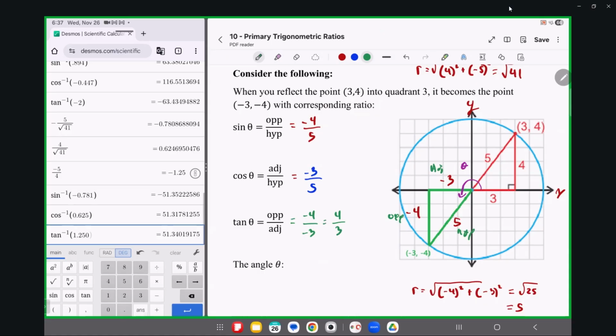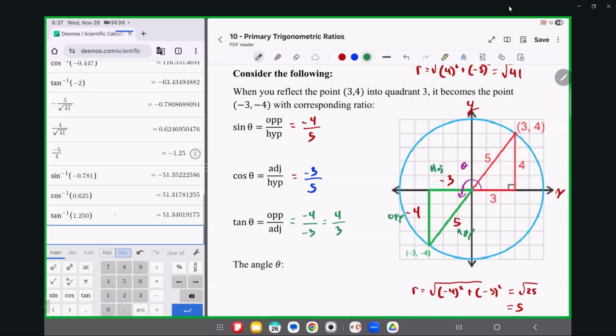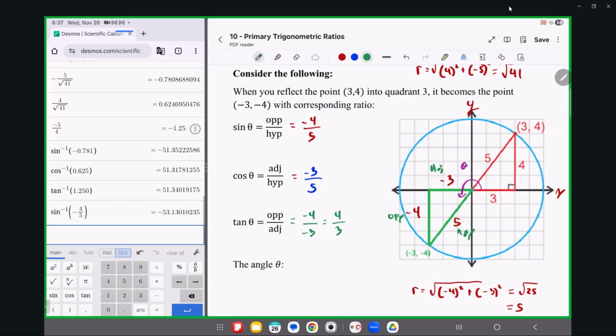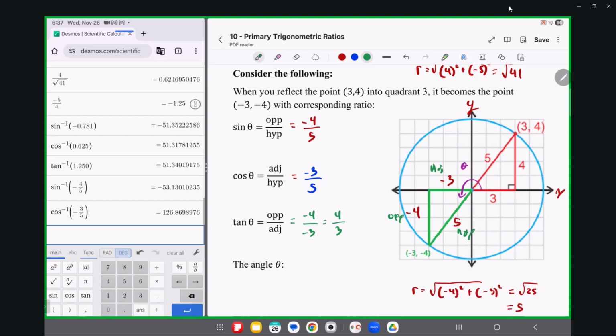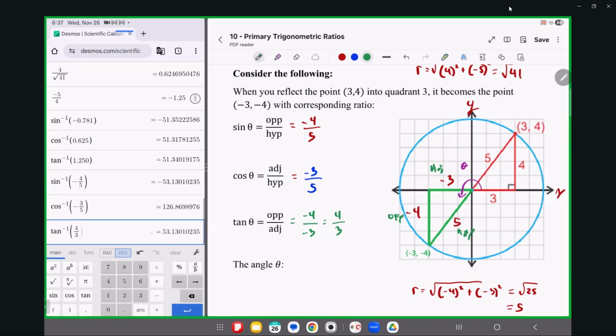And already, we actually can't figure this out using normal methods. Because just like before, if I try typing in inverse sine of -4 divided by 5, I get a negative answer. If I type in inverse cosine of -3 divided by 5, I get this answer. And if I try typing in inverse tan of 4/3, I get a positive.